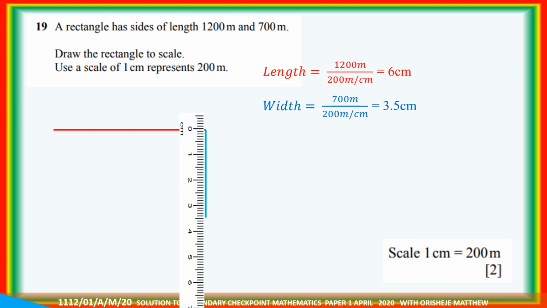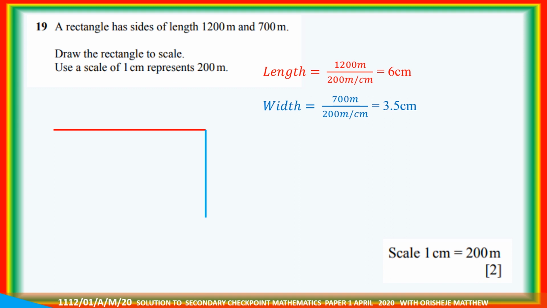Then you repeat the same length and breadth on the opposite side using the property of a rectangle, because opposite sides are equal. And make sure that the angle between the length and the width is 90 degrees.